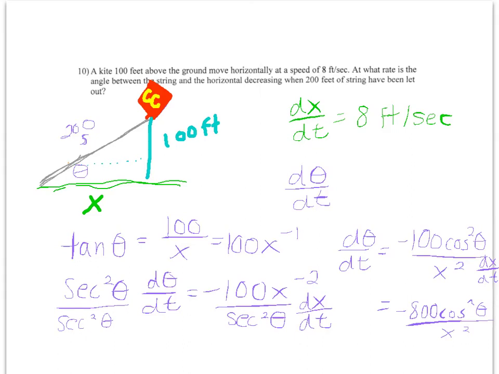So if I know that the string is 200 feet and the height is 100 feet, I can solve for x, and then I'll have my x to plug into my equation. So if we do Pythagorean theorem, we have that 100 squared plus x squared equals 200 squared.